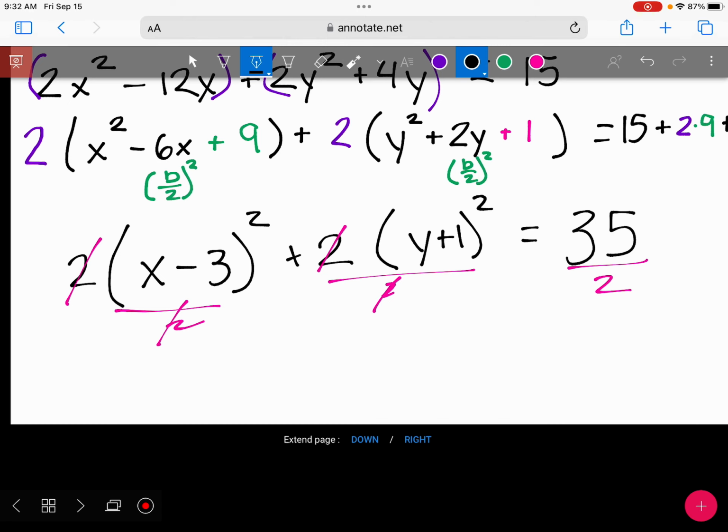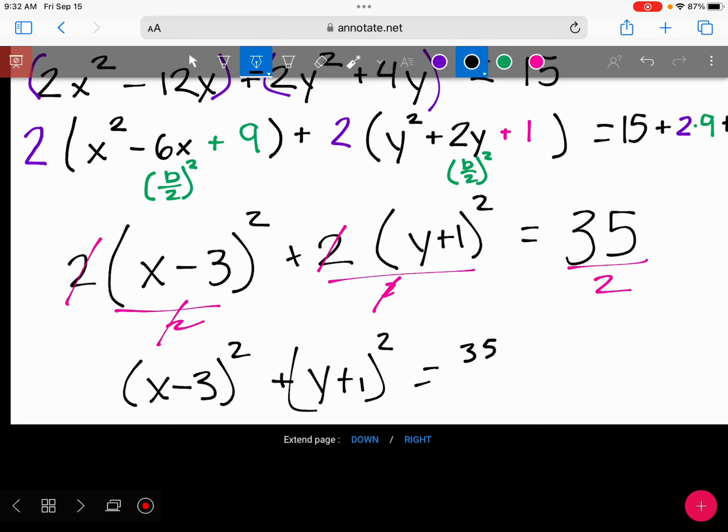All right, x minus 3 squared plus y plus 1 squared equals, yeah, that's fine, or we can leave it as 35 over 2. You can put it down into 17 and a half, but that's a choice.